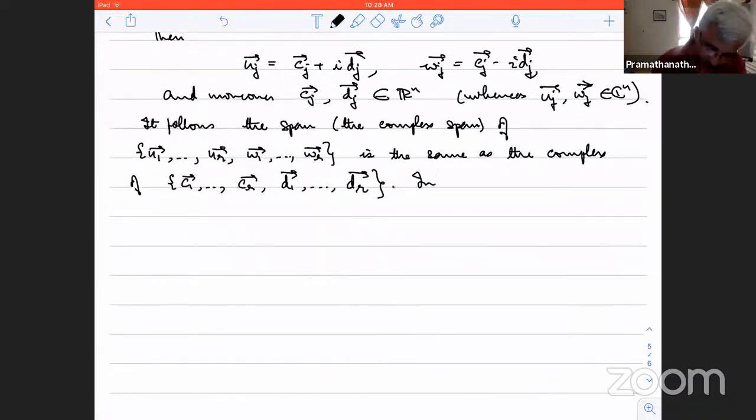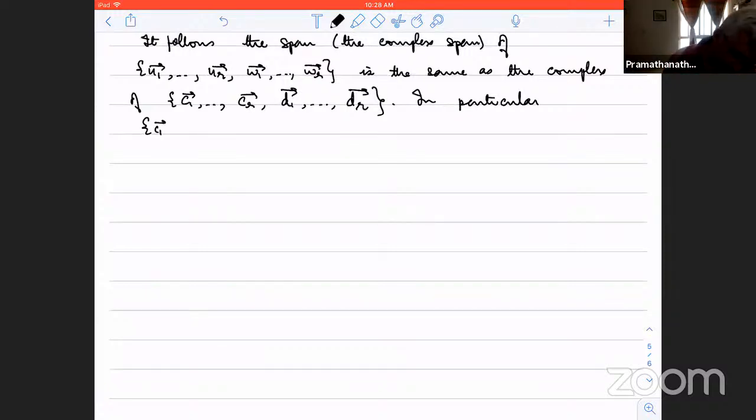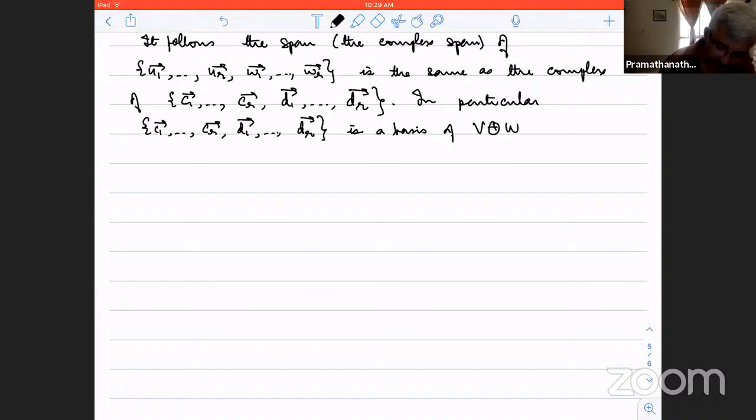In particular, C1 through Cr, D1 through Dr is a basis of V direct sum W. So let me remind you that we broke up Cn into V1 direct sum V2 direct sum Vt, and that was long ago.